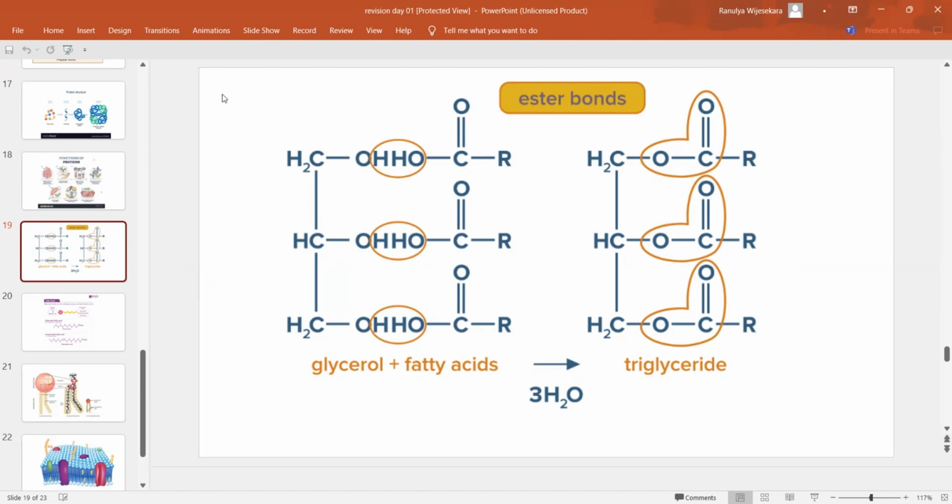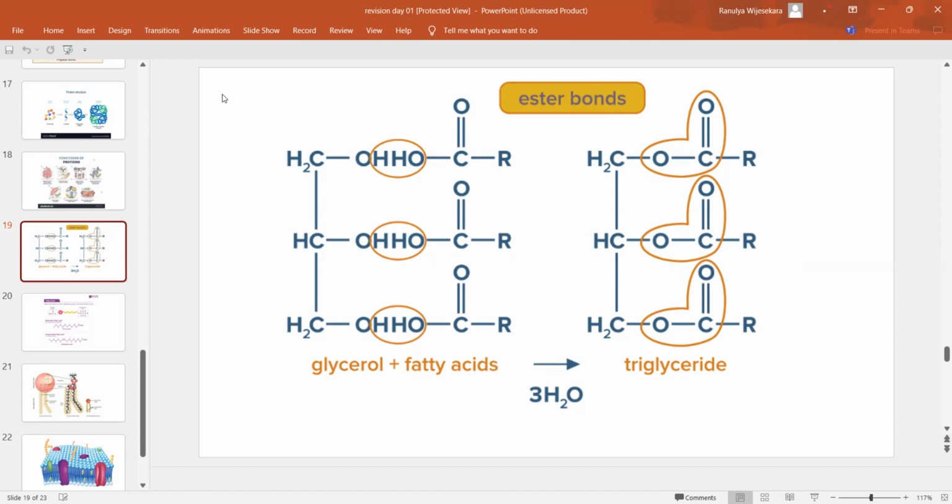Choline is an example, which is in a phospholipid, and it has nitrogen. Lipids contain carbon, hydrogen, oxygen, but the H to O ratio is not 2:1 as in carbohydrates. There is a comparatively large number of hydrogens compared to oxygen.